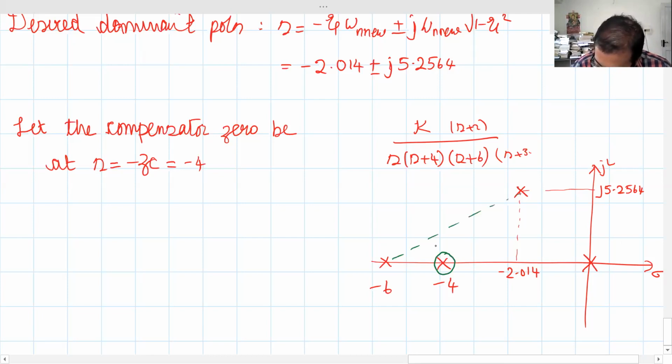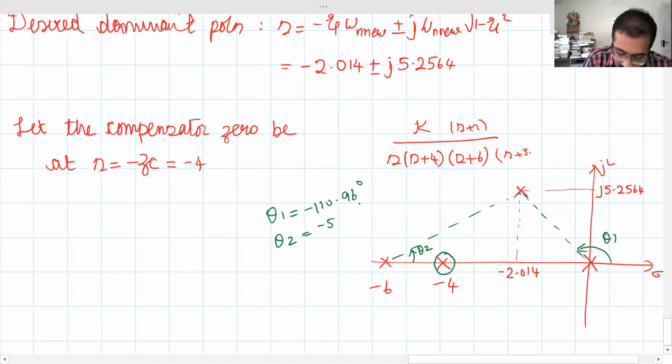This is θ2 and this is θ1. θ1 will be minus 110.96 degrees and θ2 will be minus 52.82 degrees.